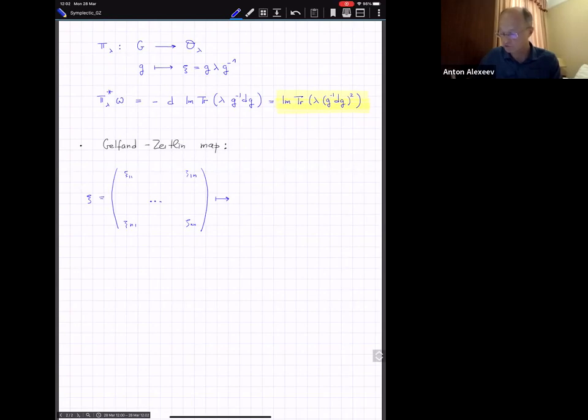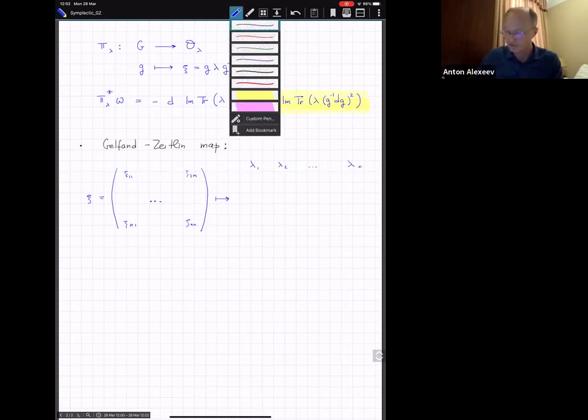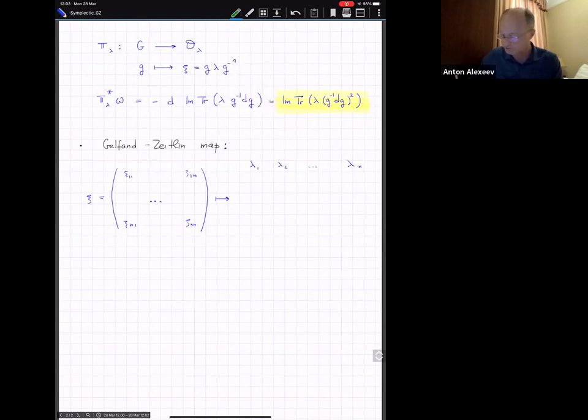So the first row will simply be those ordered eigenvalues, which I will redenote lambda 1n, lambda 2n, lambda nn. So that's because n is the size of the matrix.